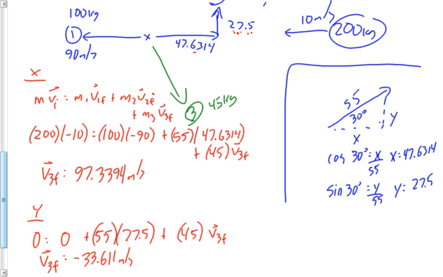All right. So now we're at the point where we're always at, right? We got 97.3394. We got 33.611. The resultant velocity is right there. And we can find that by using the Pythagorean theorem or the inverse tan function.